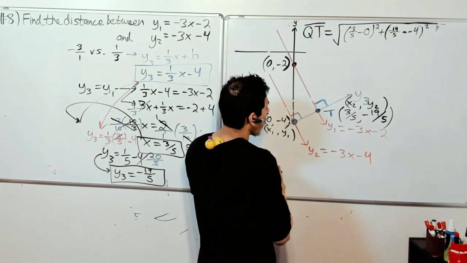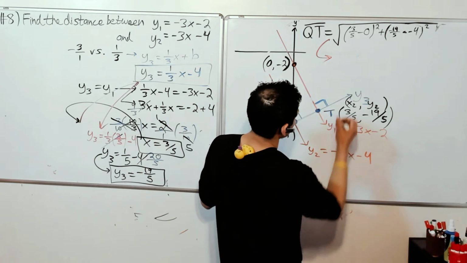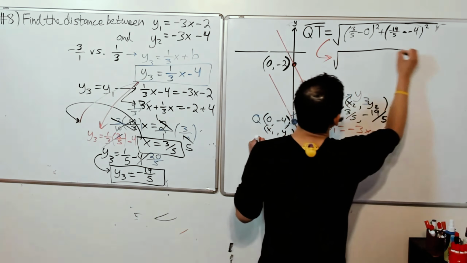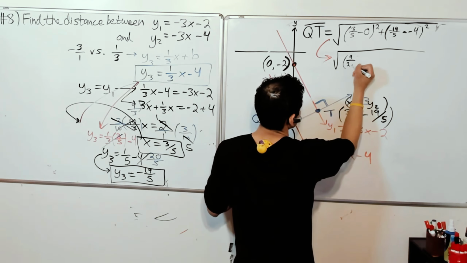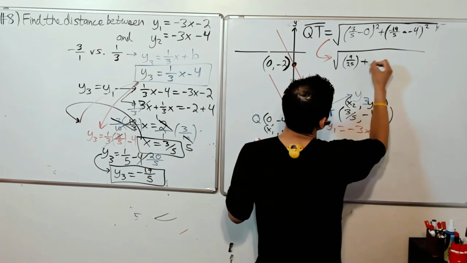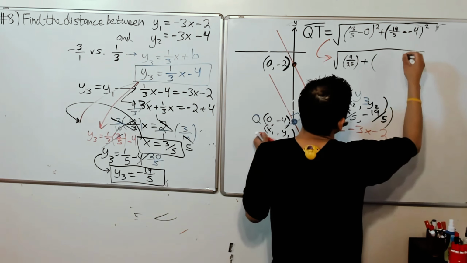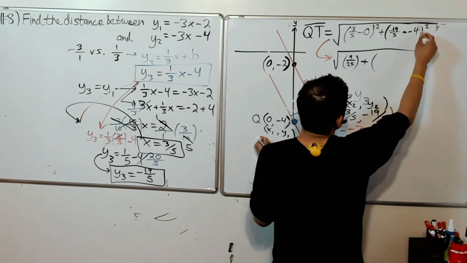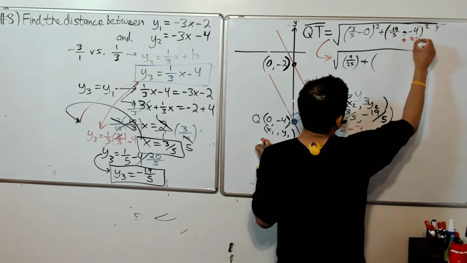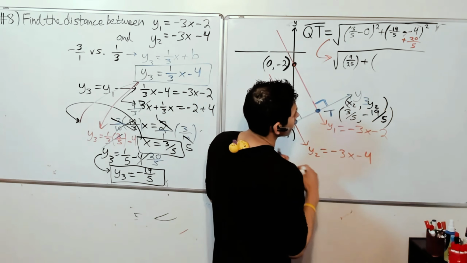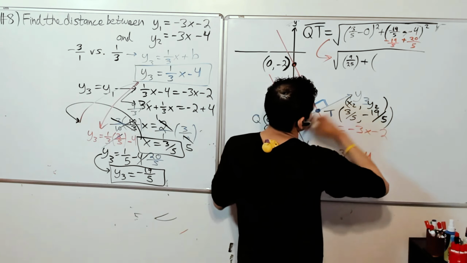Let me switch to red. And let's just keep on working it. So 3/5 squared, that'll be 3/5 times 3/5, so 9/25. Plus, this will be negative 19 plus 4. So this 4 becomes just 20 over 5. So it becomes negative 19/5 plus 20 over 5.